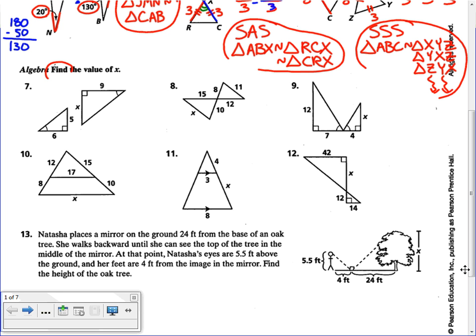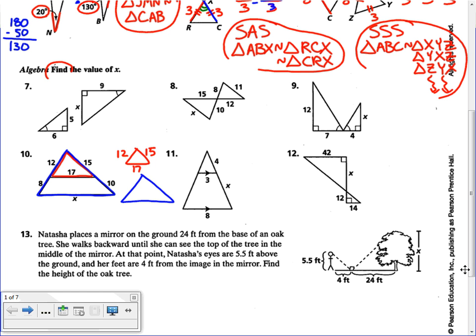All right, for number 10. Ooh, I see a smaller triangle inside of a larger triangle. So I am going to separate these out. There's my larger. There's my smaller. So if I label them, I have the 12, I have the 15, I have the 17.